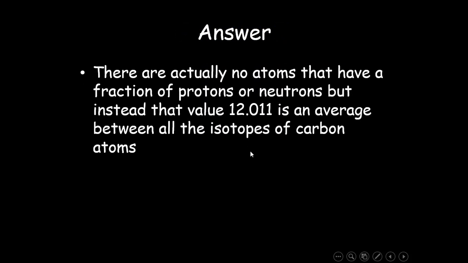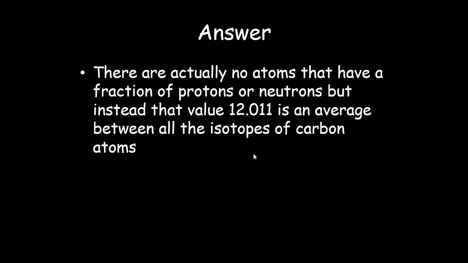There are actually no atoms that have a fraction of protons or neutrons. There is not 0.11 neutron. There is not 0.11 proton. What is 0.11 is when scientists gathered the atoms and tried to find the abundance of the atom everywhere. So they found carbon 12, 13, 14, for example. Then they got the average of the mass.